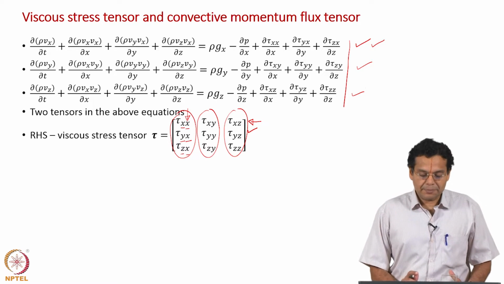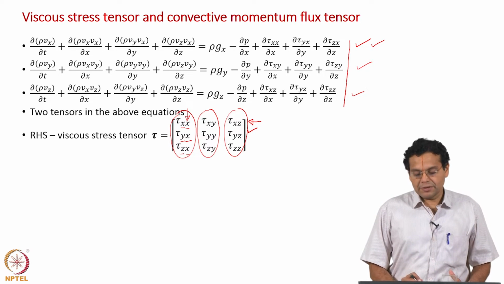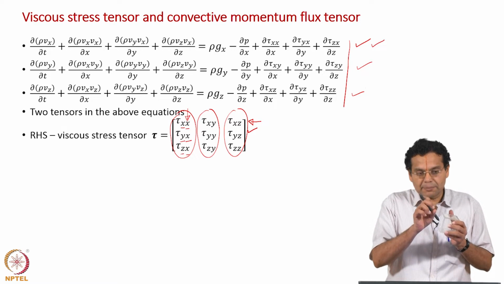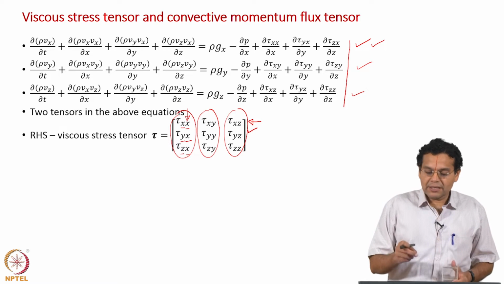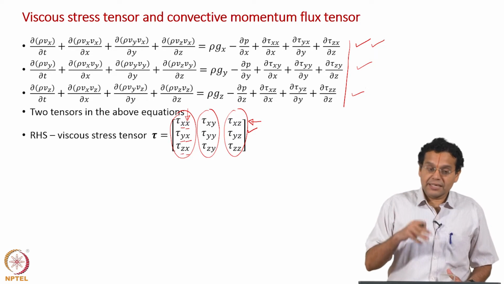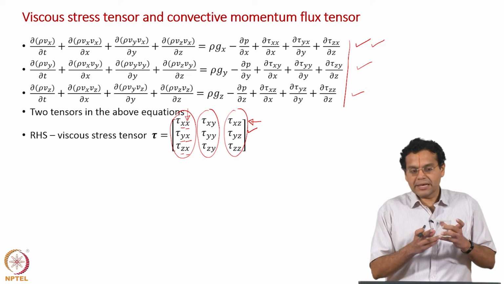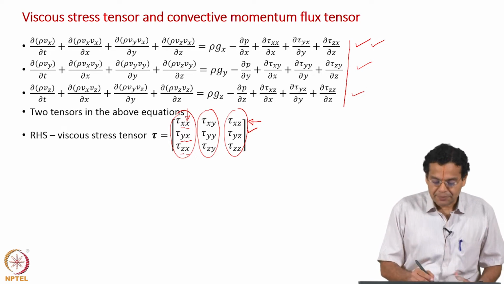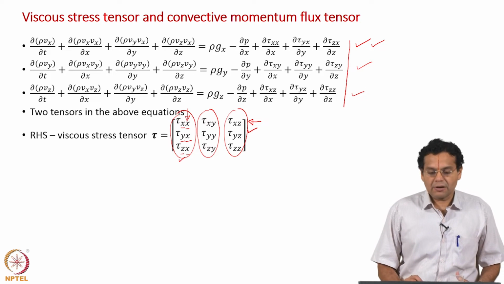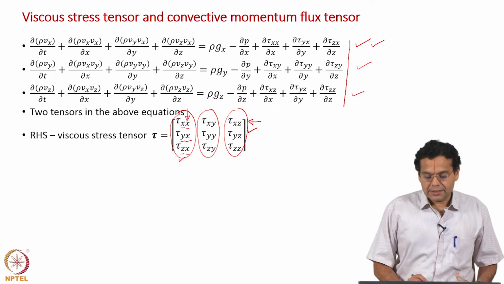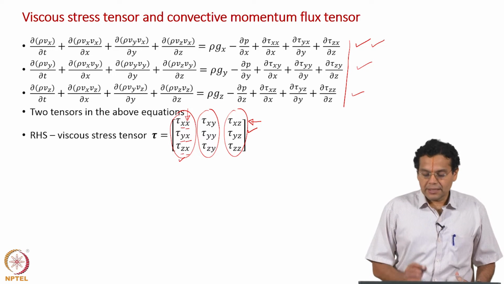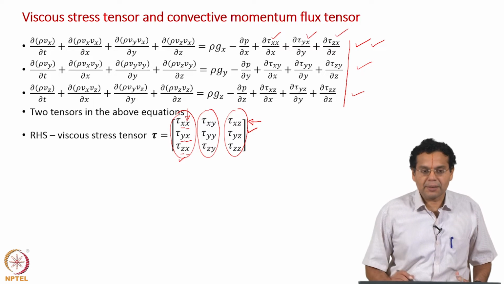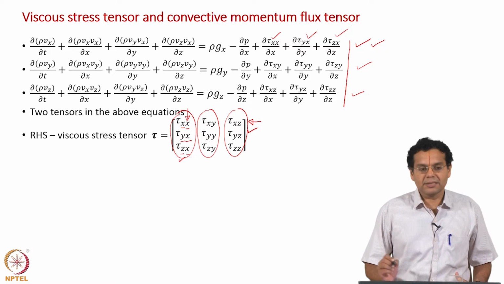Let me repeat: each row holds the components of a stress vector acting on a particular plane, but what we need is components of 3 different stress vectors acting on 3 different planes, with all the components directed along the x axis. They all appear in the first column, and that is why the stress tensor components in the first column appear in the x direction momentum balance, similarly for y direction, similarly for z direction.